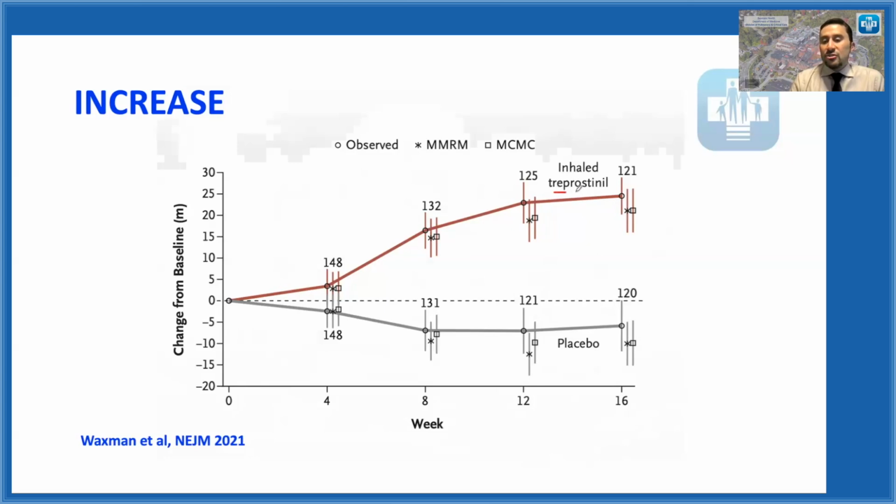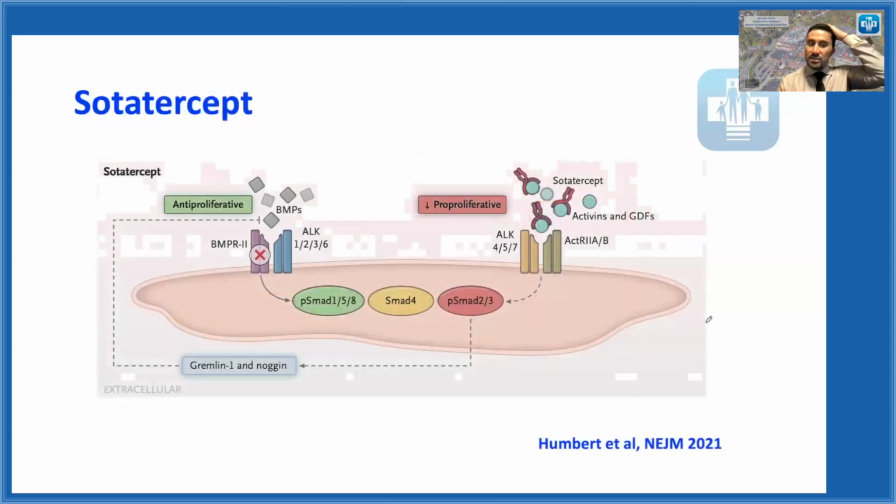The group of patients who received inhaled treprostinil did very well with improvement in their functional capacity compared to those who had an underlying lung disease and were just on a sham medicine, which wasn't giving them the benefit if they had an associated pulmonary hypertension. So for patients who have an underlying interstitial lung disease, it's really important to see if they could benefit from this if they have pulmonary hypertension. And this requires careful assessment in a pulmonary hypertension center.